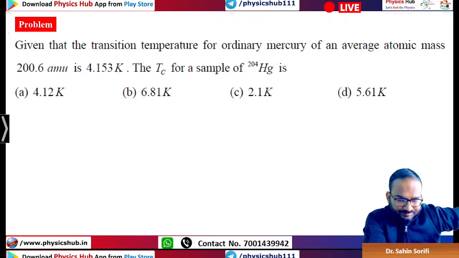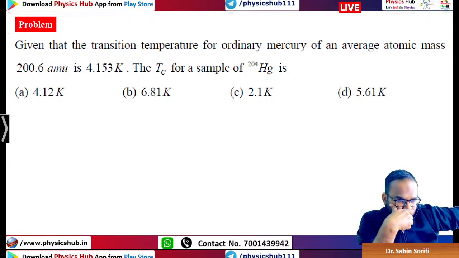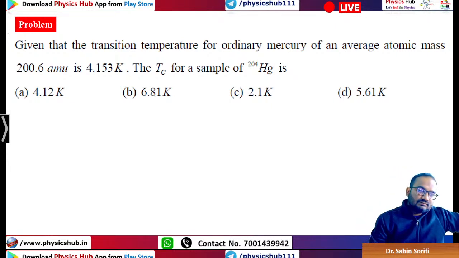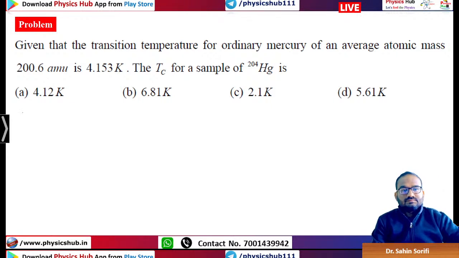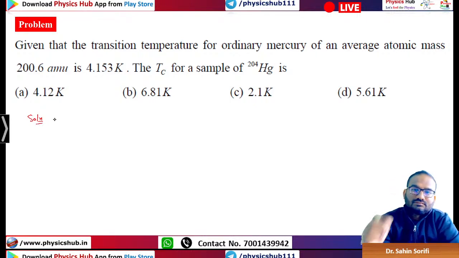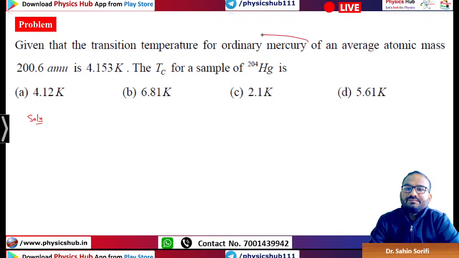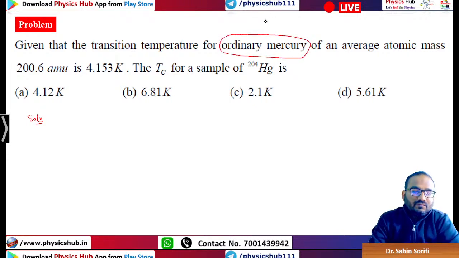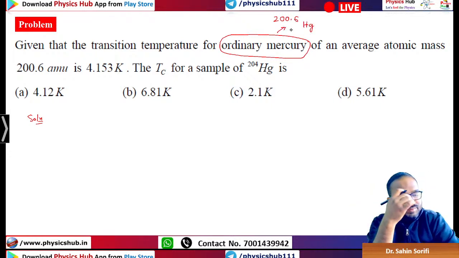Can you do this problem? Ordinary mercury is 200.6 Hg.